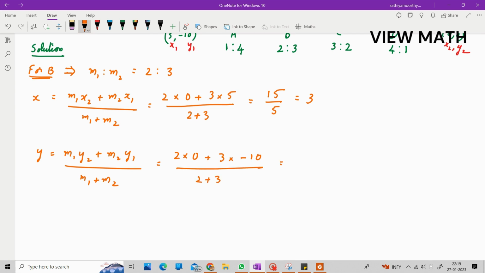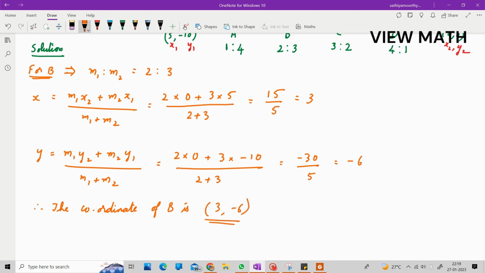This is 2 into 0 is 0, 3 into minus 10 is minus 30, divided by 5, which is equal to minus 6. Therefore, the coordinate of B is (3, minus 6).